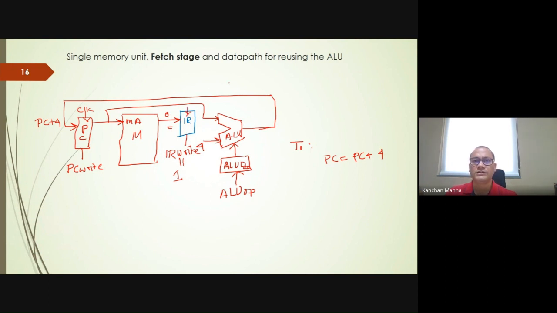So this is the fetch stage, and you see here, this is a non-architectural element. This IR is nothing but a non-architectural element, meaning that this register cannot be accessed by the program, because we don't have any instruction in the ISA to access this register.